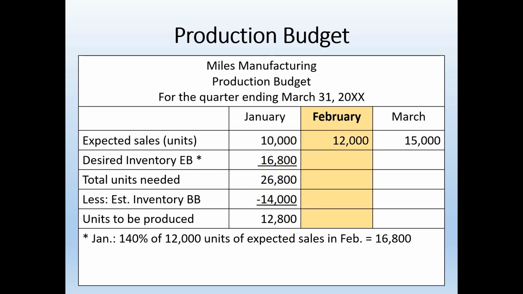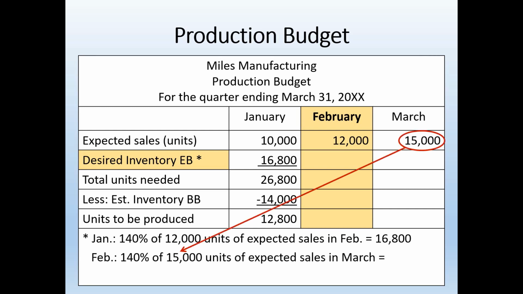In February, the firm expects to sell 12,000 units. But they want to have units left over at the end of February going into March. How many units do they need? They expect to sell 15,000 units in March.